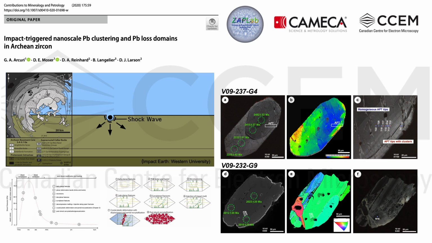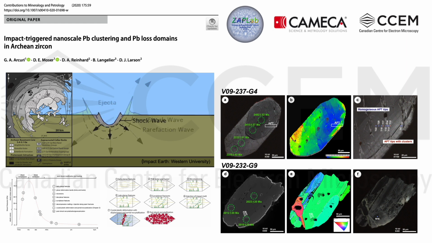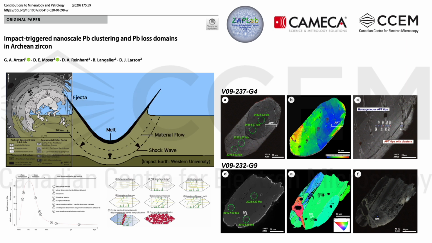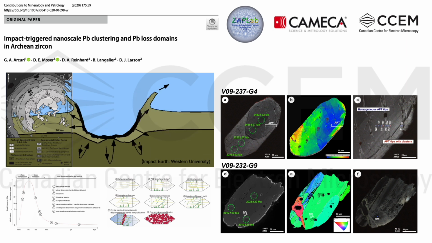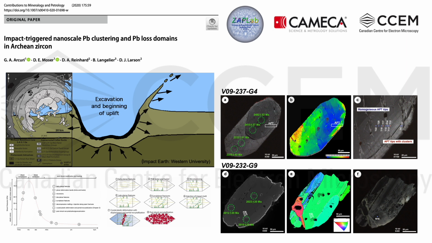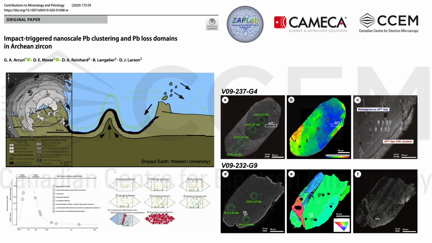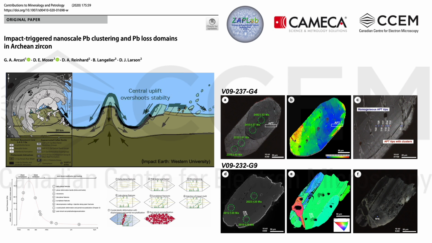Typically, a zircon that has experienced the shock wave compression and rarefaction stages of an impact, which you're seeing in this video clip, will contain a progression of shock microstructures that vary with shock pressure, temperature, and duration of the thermal pulse.